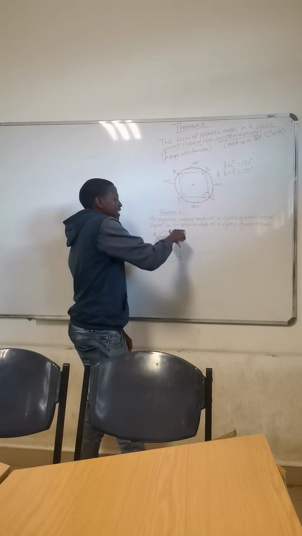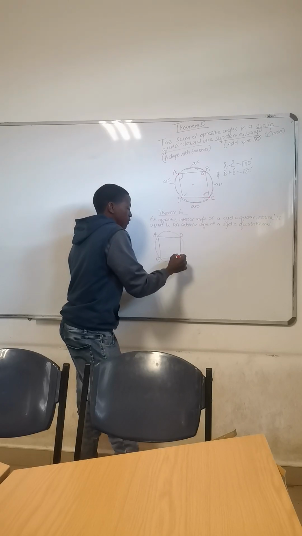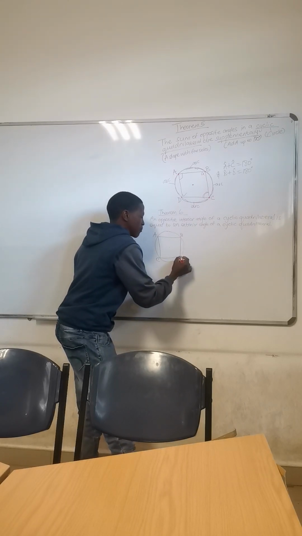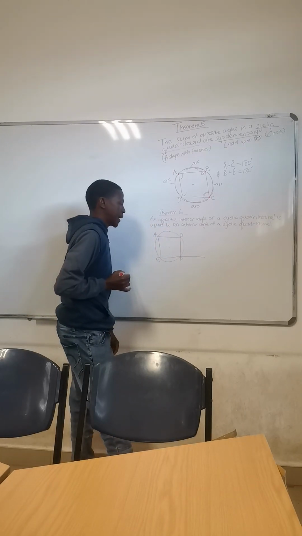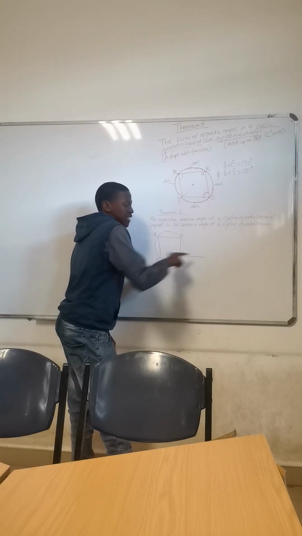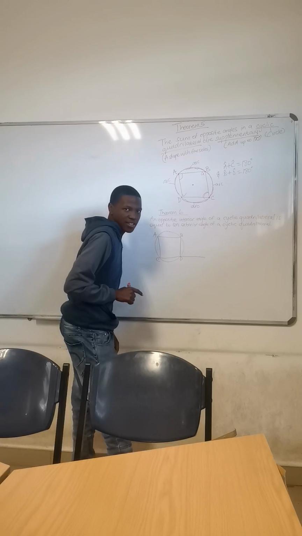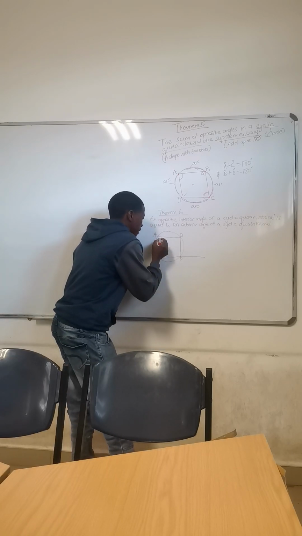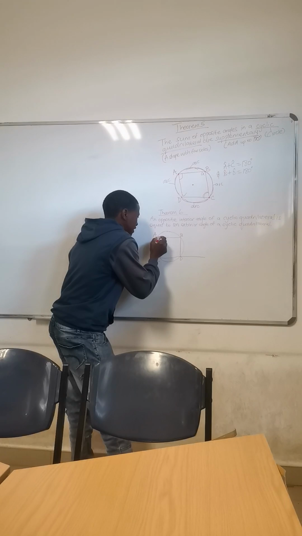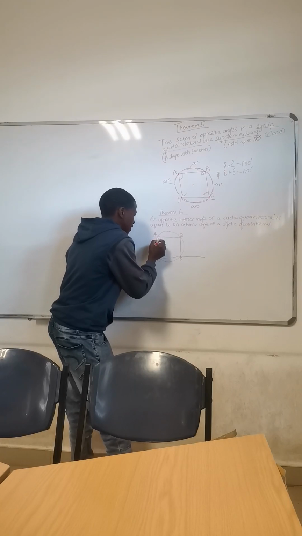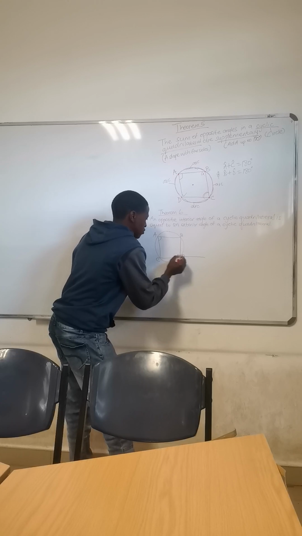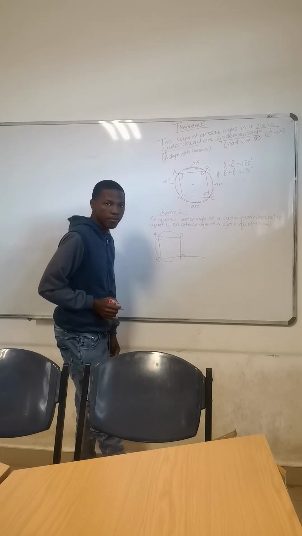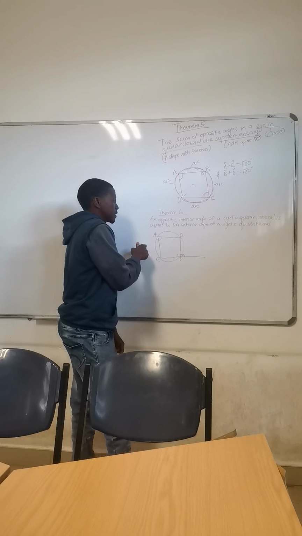When we say an exterior angle of the cyclic quad, it must be determined by a secant. Therefore, this angle is equal to that angle. Let's say this is D1, this is D2. How to prove this?